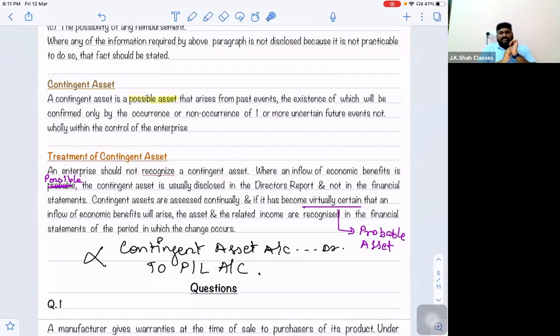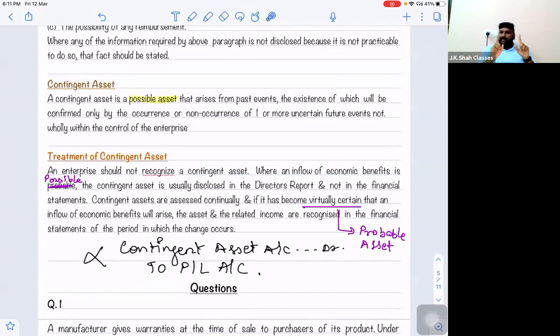No, it is not against conservatism, because it is virtually certain that you are going to win the particular court case, whatever type of contingent asset it is. And it is probable. Probable means it is more likely to happen than not. So the chances of occurrence are too high, and it is even virtually certain. Then technically you can record the asset in the books of accounts.